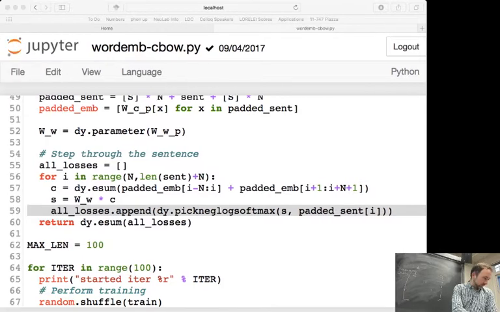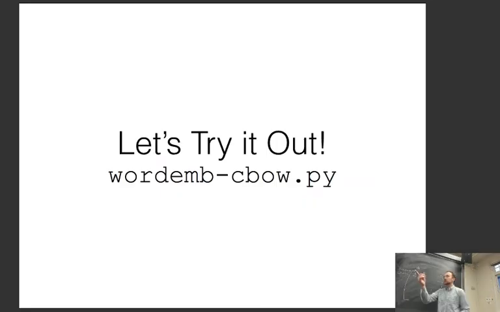I see a question, and I will go to the question. Even in this case, you're essentially trying to find out the likelihood that a particular word will appear, right? Yes, either in the center if it's skip-gram, or the next word.